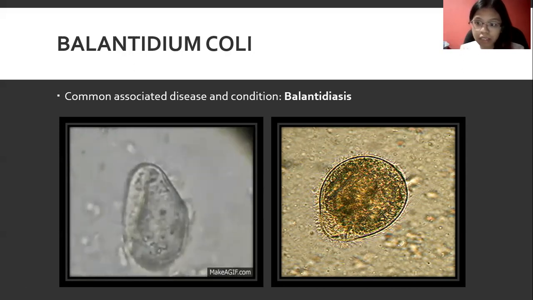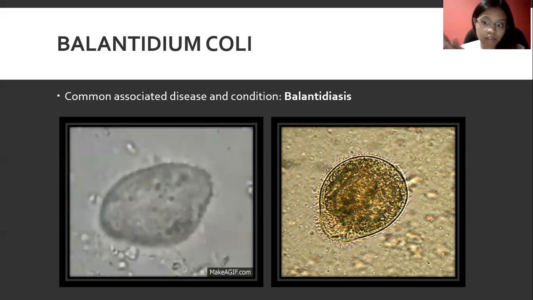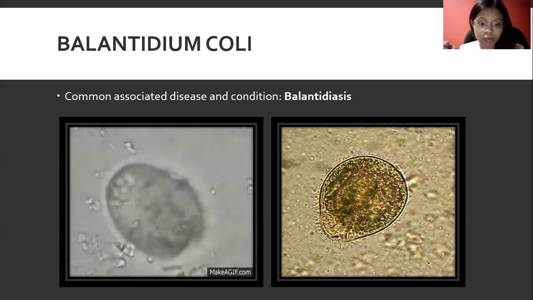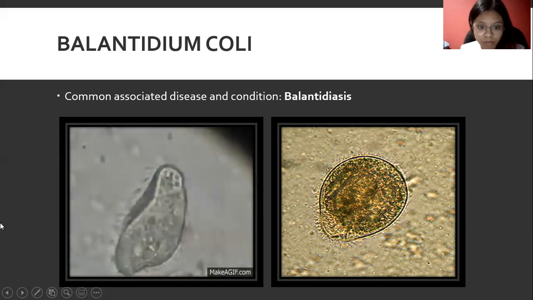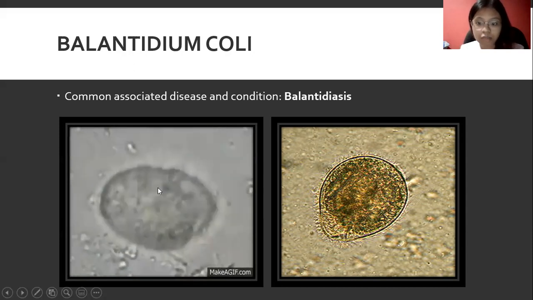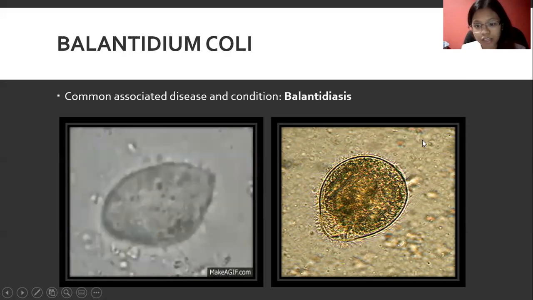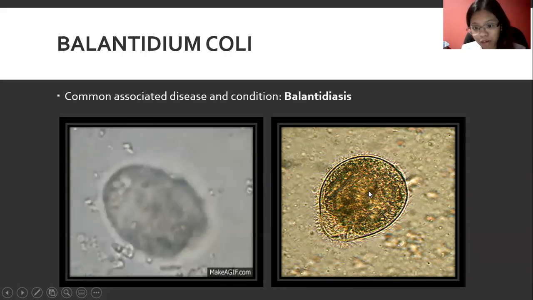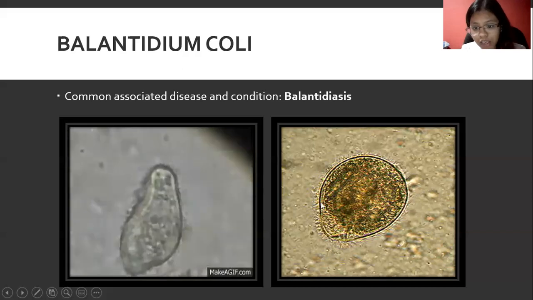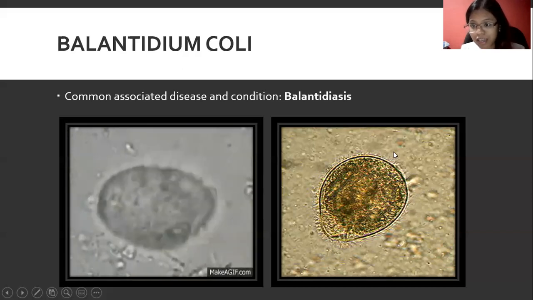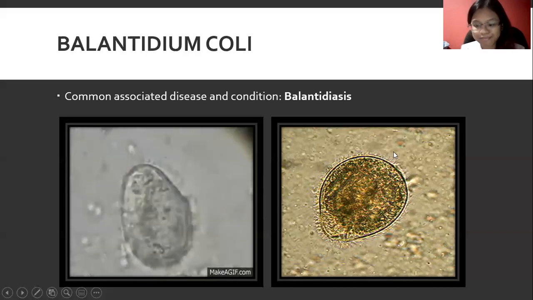Kung napapansin nyo dun sa GIF natin, umiikot siya. Kung titignan mo siya mabuti, meron siyang hair-like structure that helps it to move. Ganito rin dito sa picture na hindi naman po gumagalaw, mas kita siya na meron po siyang mga hair sa labas. So, yun po ang cilia.